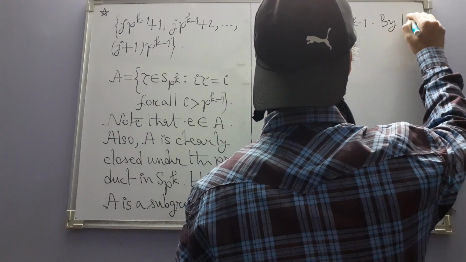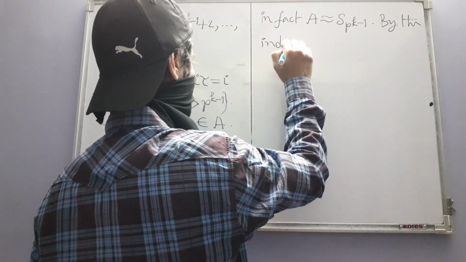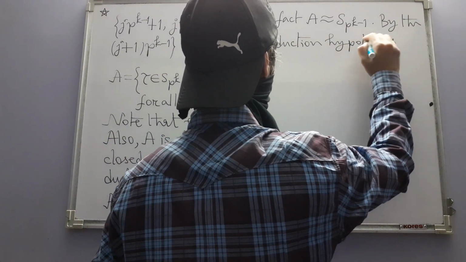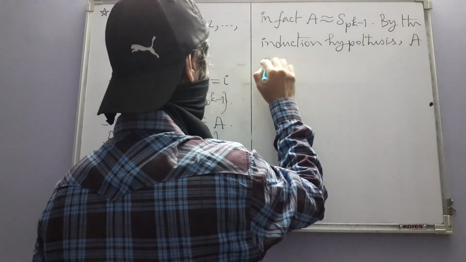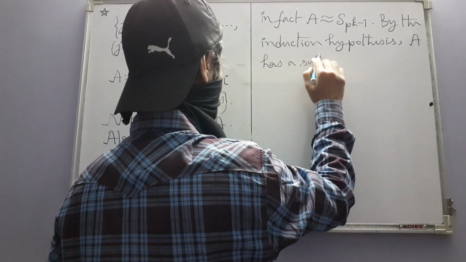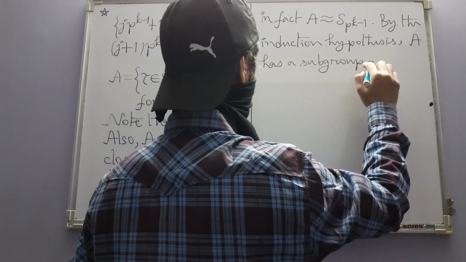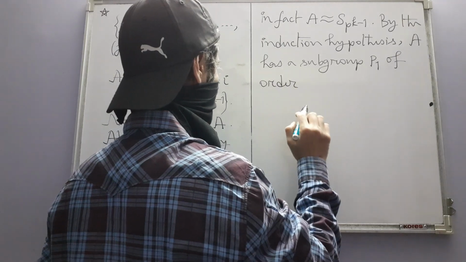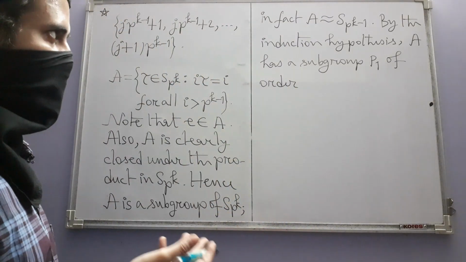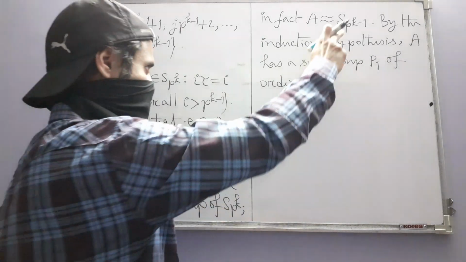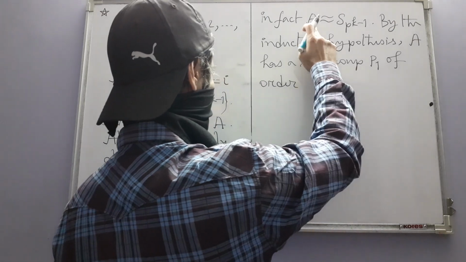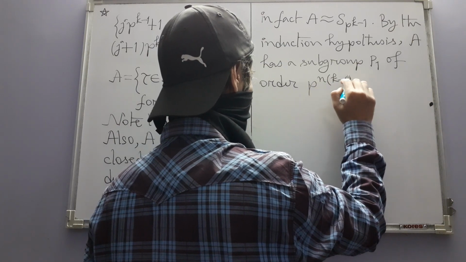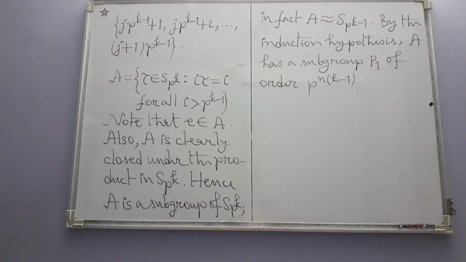By the induction hypothesis, A has a subgroup P1 of order, namely the order that should be for the p-Sylow subgroup here in this group, that is p to the power n_{k-1}. Okay.